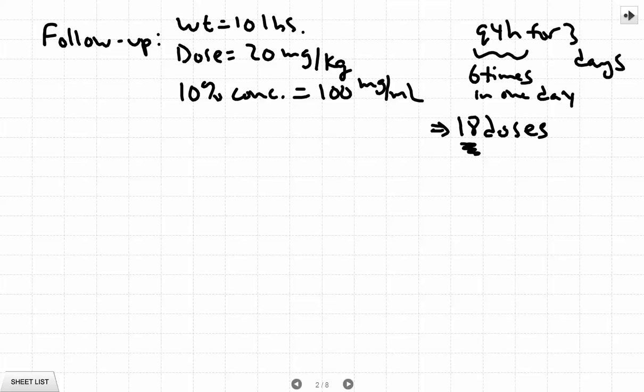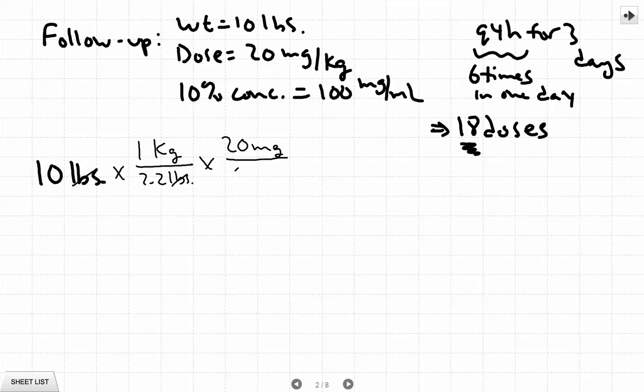So let's go do the math here. For the follow-up dose, again, we have the 10 pounds. We know 1 kilogram is 2.2 pounds. That gets us out of pounds and into kilograms. We're giving 20 milligrams for every 1 kilogram, which gets us out of kilograms and into milligrams.